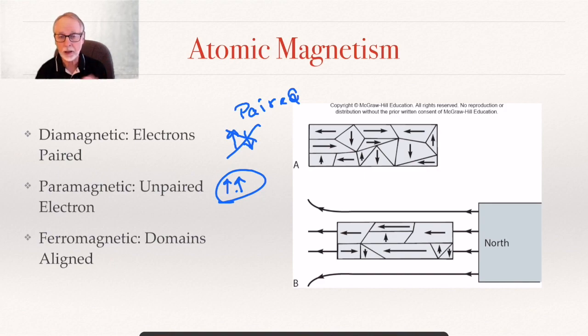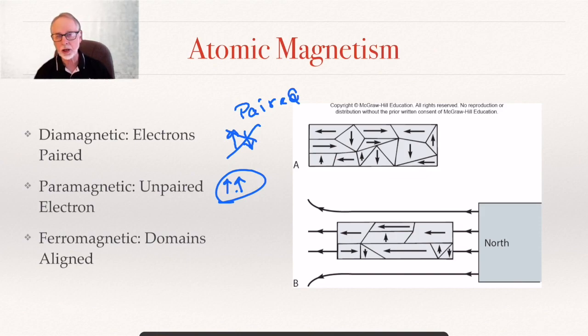So just to reiterate, unpaired electrons create a net magnetic moment, and those unpaired electrons in that typical situation create a property called paramagnetism. And I'll give you an example of that in a few minutes.